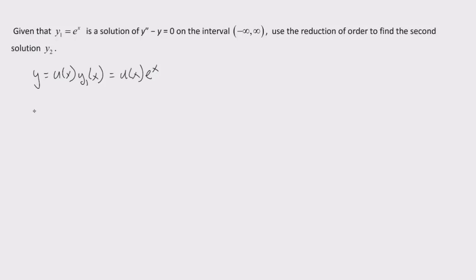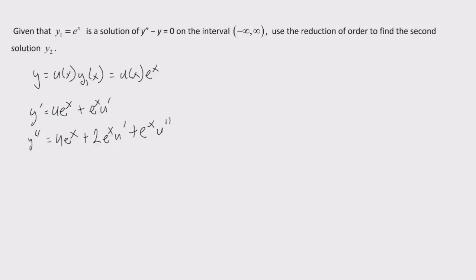So y prime would be u e to the x plus e to the x u prime, and the second derivative would be u e to the x plus, applying the product rule again, 2 e to the x u prime plus e to the x u double prime.